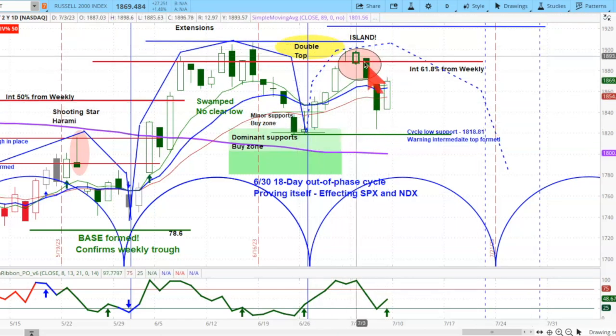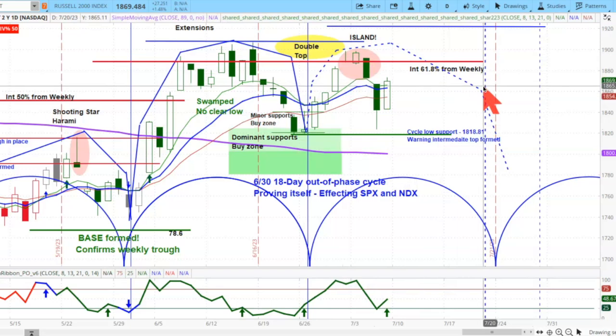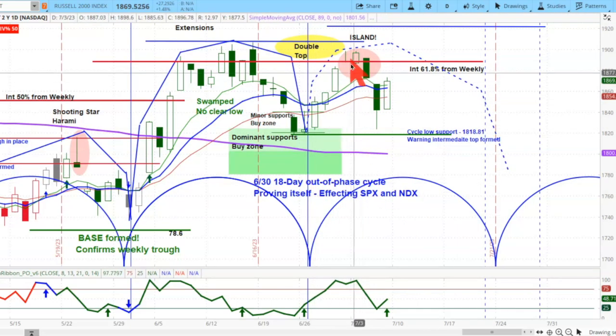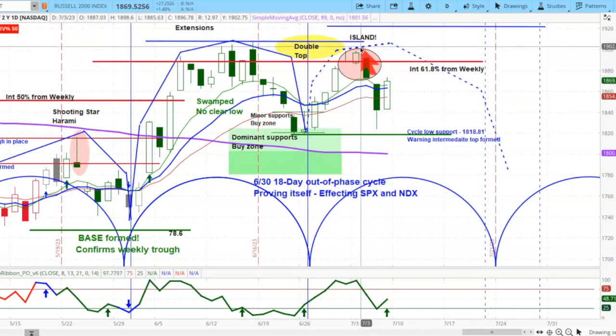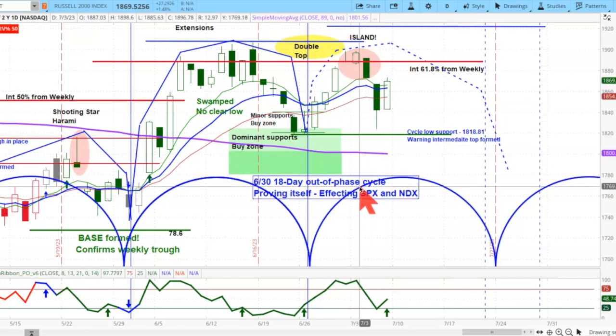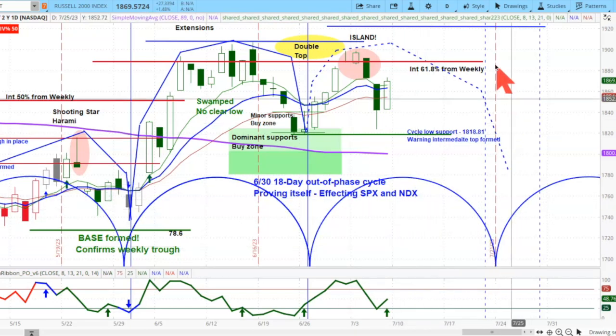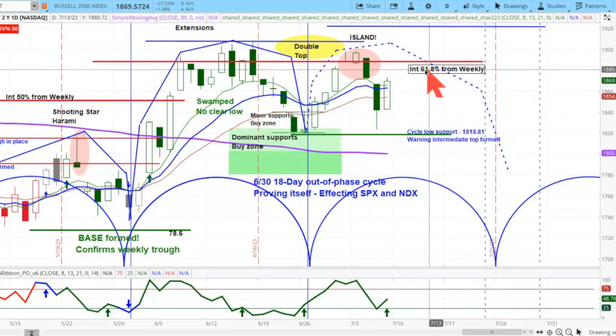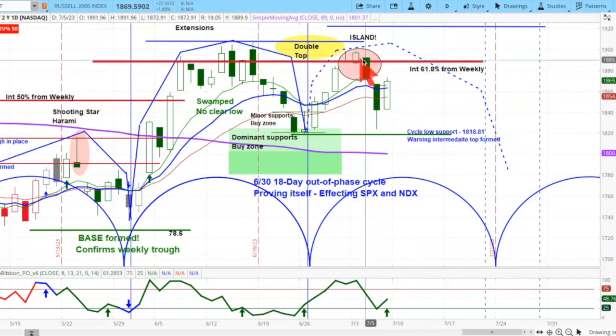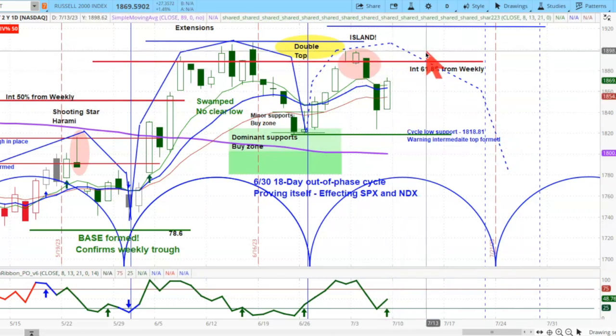This does look to me like it has turned over already. This cycle pattern right over here. It looks like an island with a left-hand translation. In other words, the timing translation is that it peaked on the left side. That leaves all of this time to decline. This is a warning for the overall stock market. Now, if it gets back up over here, it can repair itself up to those levels.